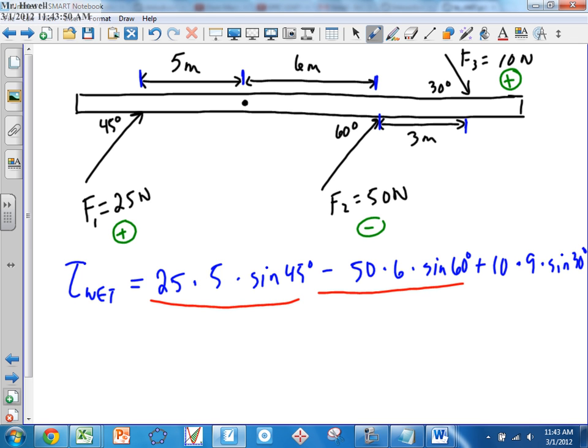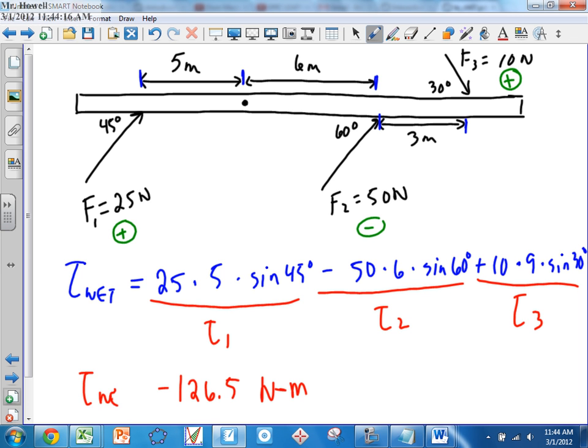Then the third force is pushing down on the right side, which causes it to go clockwise, which is this last part. So F1 gives you the torque for the first one, this is the torque for the second one, and this is the torque for the third one. Sum those together and you get your net torque: negative 126.5, and your units are Newton meters.